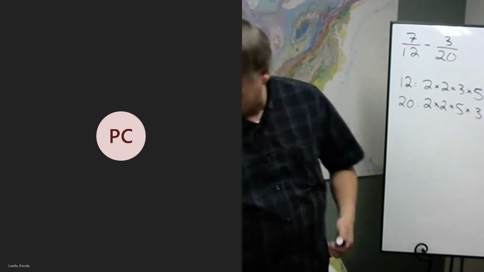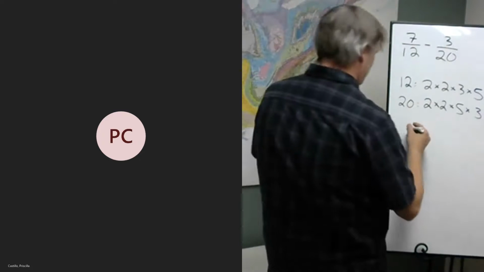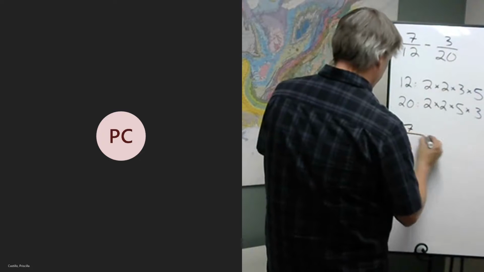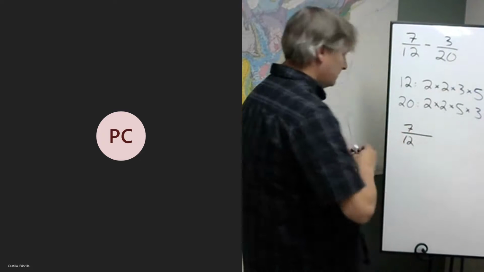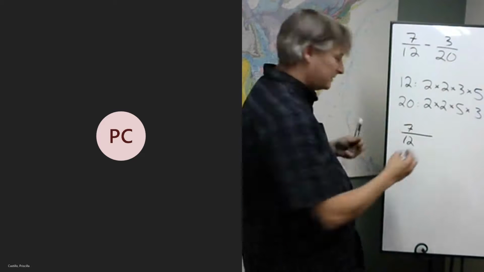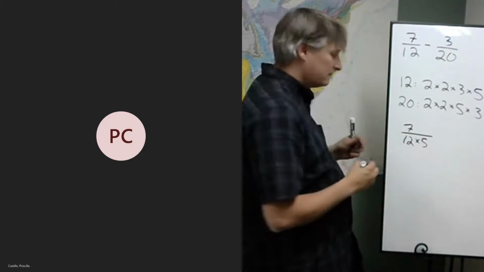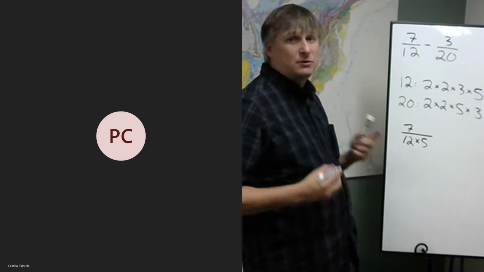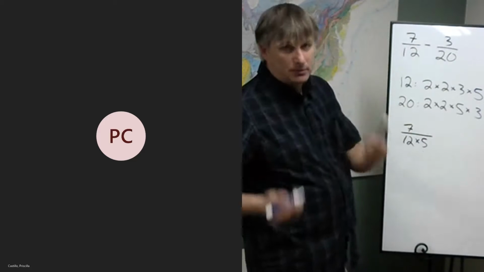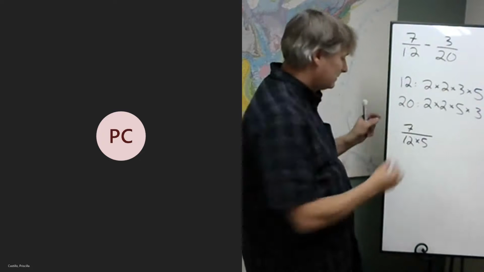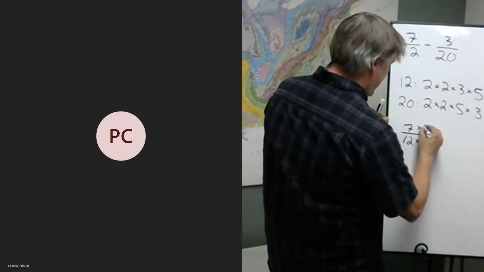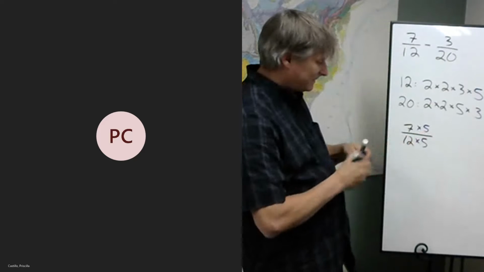So this is what we're going to do. We'll turn 12 into 60 by multiplying by 5. But what we do to the bottom, we have to do to the top, at least with multiplication and division. So if I multiply on the bottom, I have to multiply on the top.